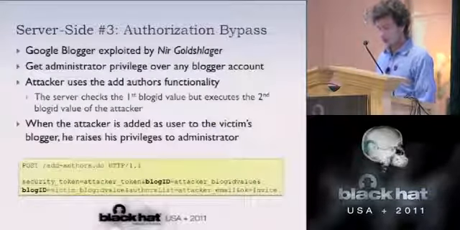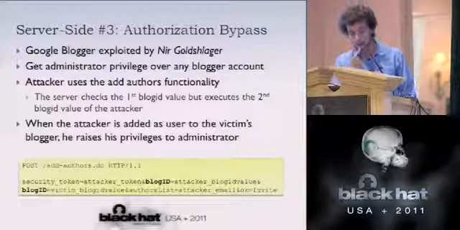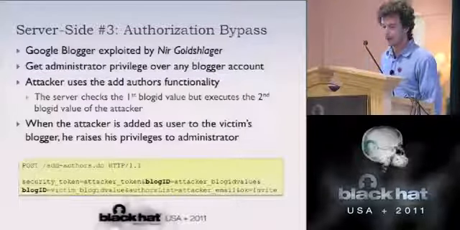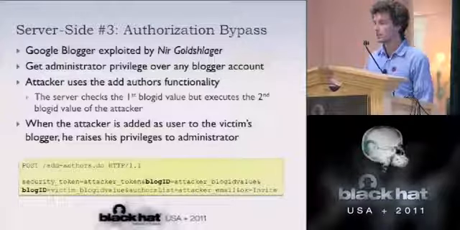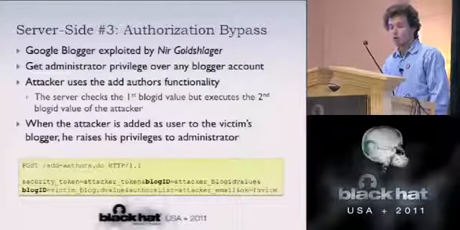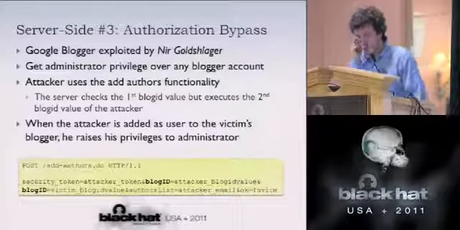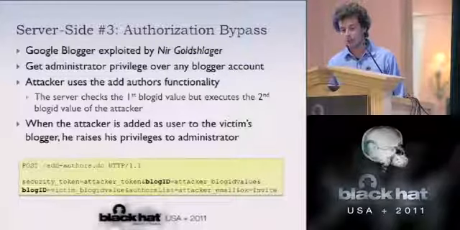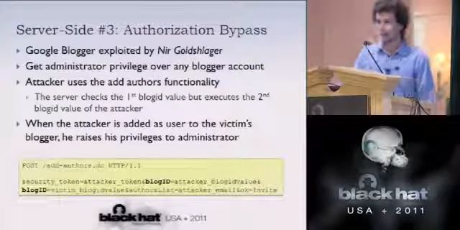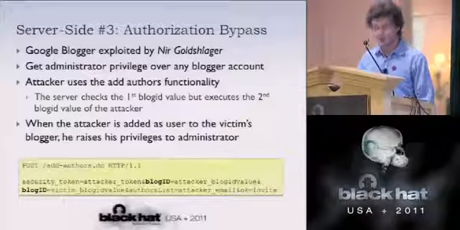This is another example, and this is a real example that was exploited by Nir about the Blogger system of Google. Here what Nir was able to do was to get administrator privilege over any Blogger account. This is pretty scary.